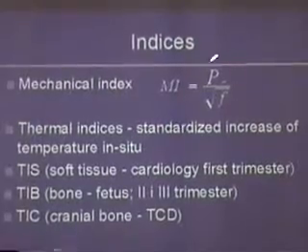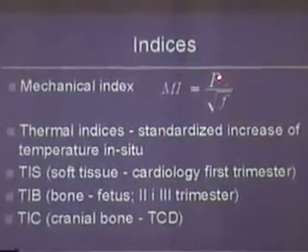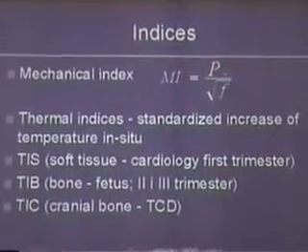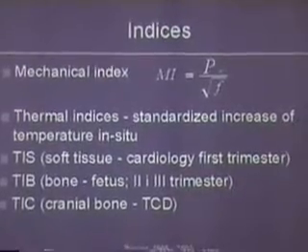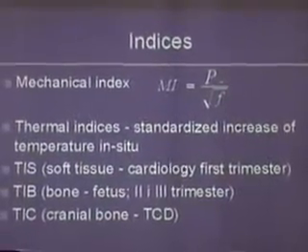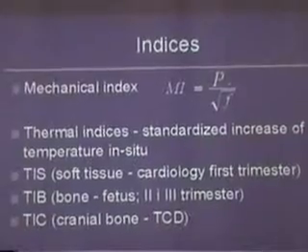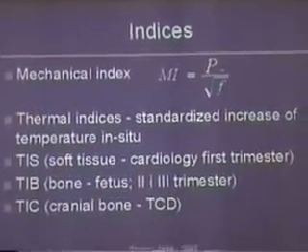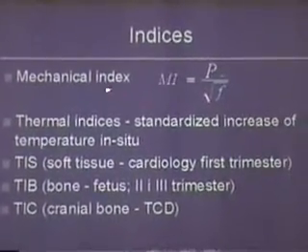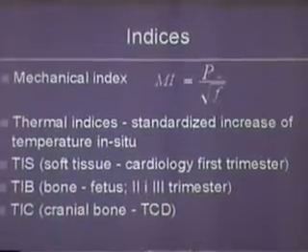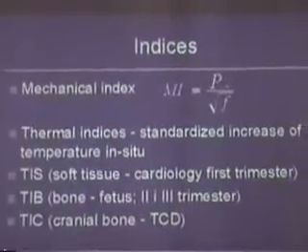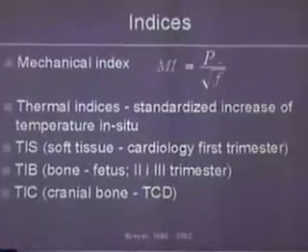Mechanical index is defined as you see here, and that's the peak rarefactional pressure. And both these indices will appear on your screen. Somewhere on the screen this index is written, and it changes as you change the controls of the machine.